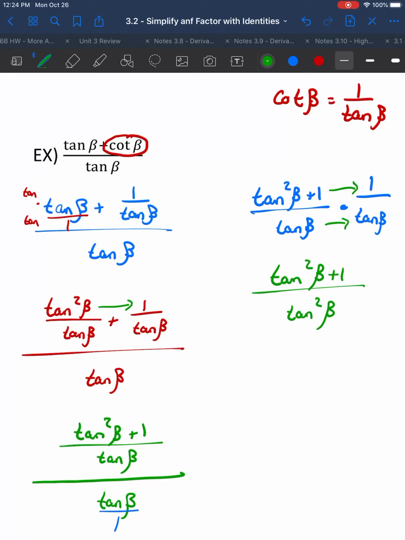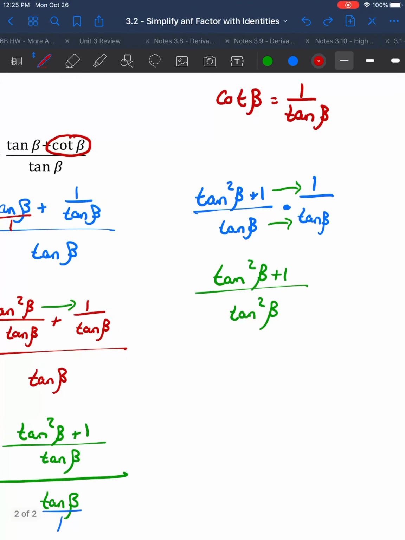All right, we're maybe getting somewhere. You cannot cancel those things, guys, as I have a feeling some of you are wanting to do, because of this addition. Anytime addition and subtraction is involved, you cannot cancel.